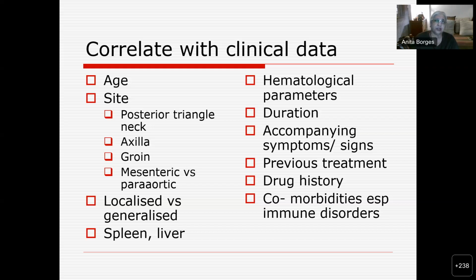Then the posterior triangle. There are very few lymphomas that occur in the posterior triangle unless there are other lymph nodes also involved. Just remember that. What happens in the posterior triangle is usually something reactive.